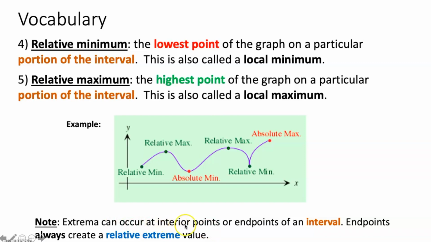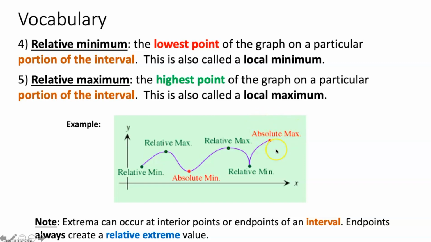Now, this is an important note down here. Extrema can occur at interior or endpoints of an interval. Endpoints always create a relative extreme value. So if you are trying to determine the relative mins and maxes of a function on a given closed interval, meaning that the endpoints are included on that interval, then you know each of the endpoints is either going to be a relative min or max.